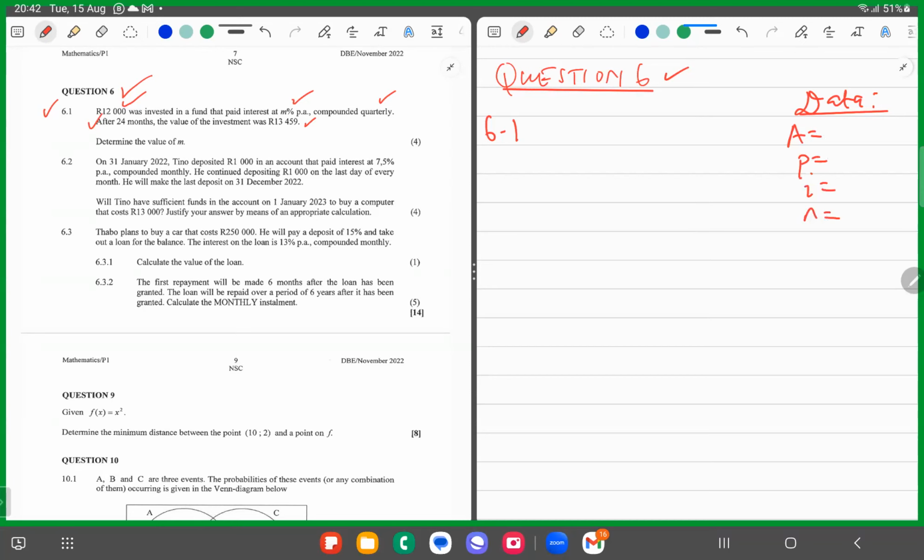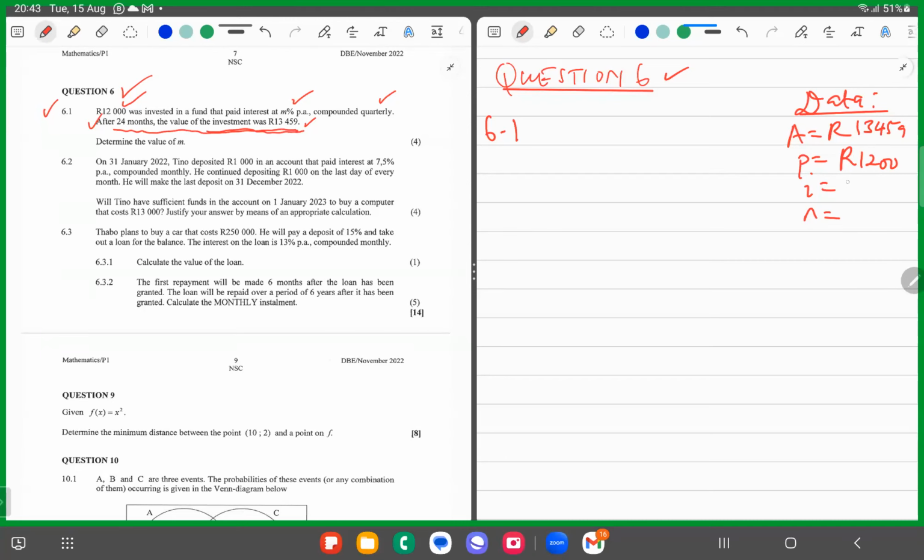These are the symbols we need to list, and therefore this 12,000 was invested, and that is the principal amount, the present value, P. And then you have A, the final amount, the value of the investment after 24 months, which became 13,459.